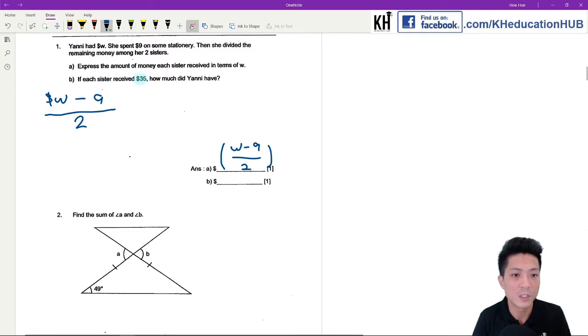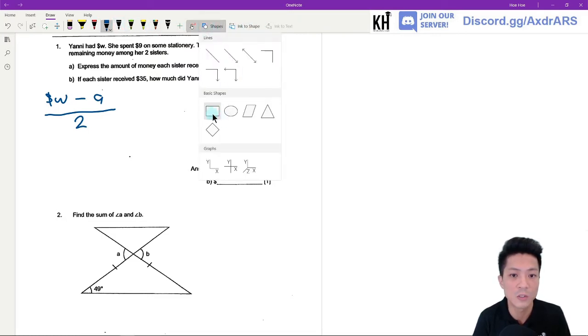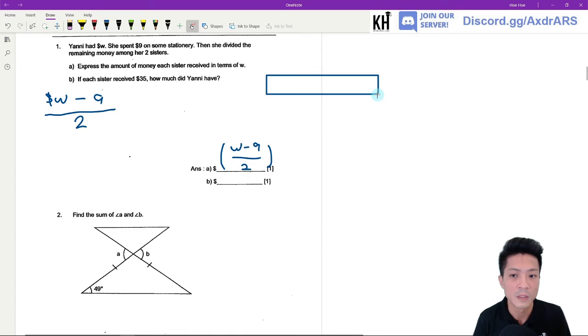Part B, if each sister receives $35, how much did Yanni have? For this question, if you are not very sure what's going on, you can draw a simple model over here. Let this be the amount of money. Yanni at first spent $9, and then after that the remaining was given to her 2 sisters.